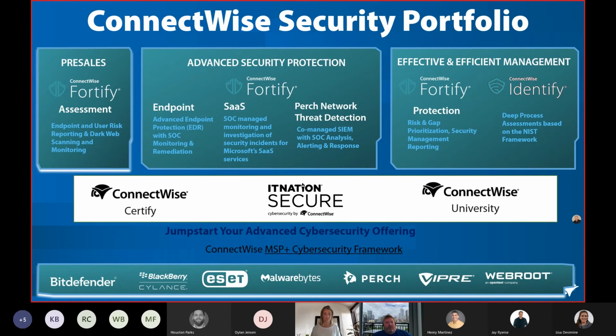Any sales rep or technician in your organization can literally go into our management portal, run a dark web scan, type in the prospect's email domain, hit generate report, give it a couple seconds, and boom, you're looking at a list of emails and passwords that have been compromised and are currently for sale on the dark web.